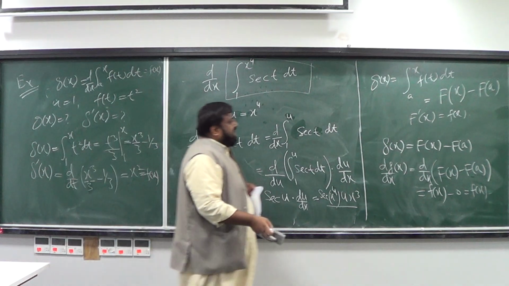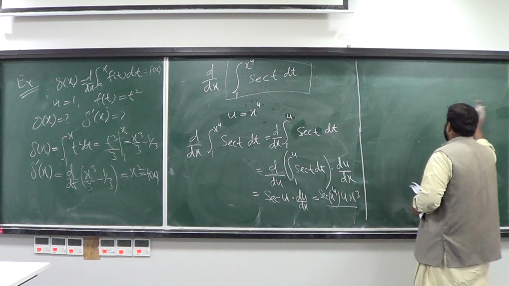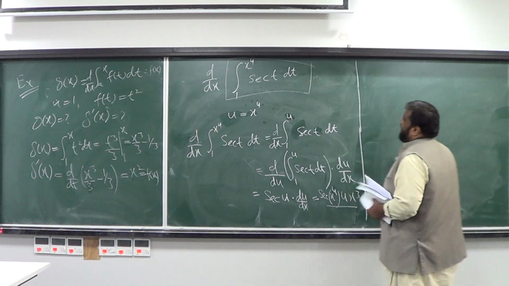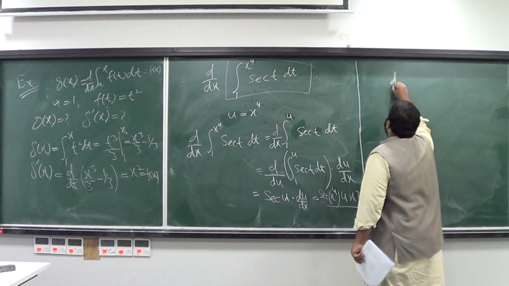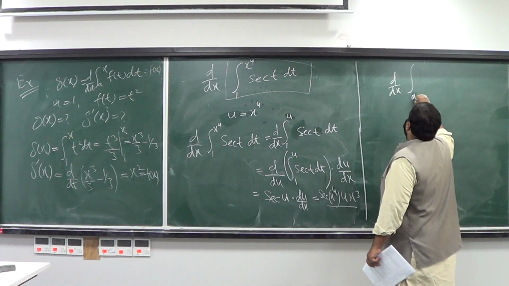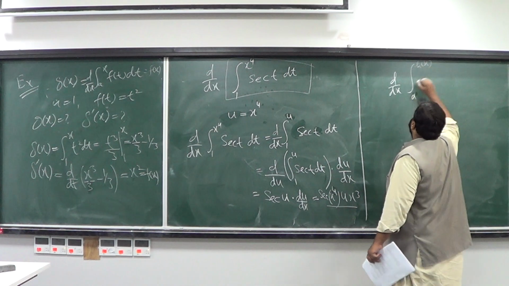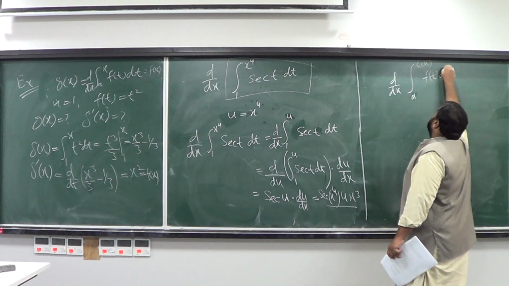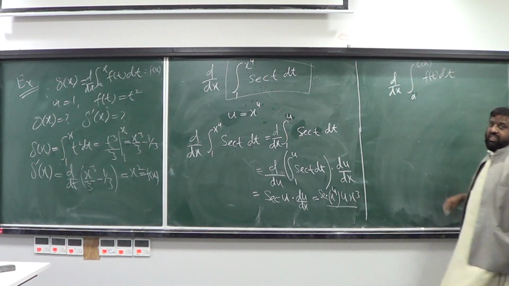You can generalize this up to any function actually. So x power 4 is just one function. What if I have to differentiate with respect to dx the integral from a to some function h of x of f of t dt?